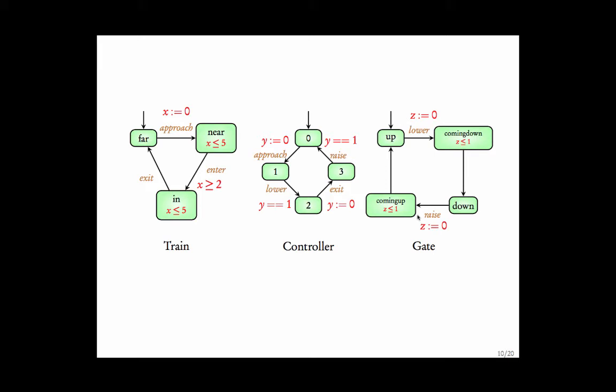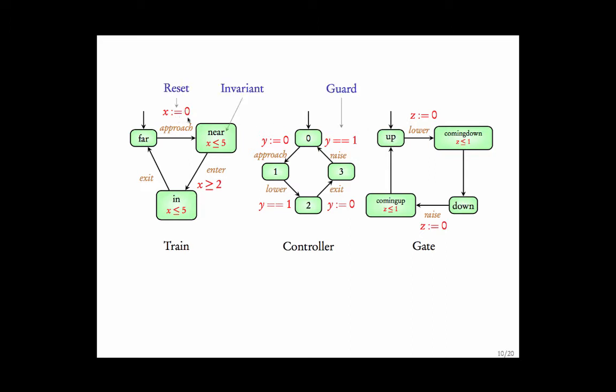Now it is coming up, and how long can it stay here? It can stay for at most 1 time unit, and when the time becomes 1, then it has to go here. Okay, so this is a way in which we can add timing constraints into the model.